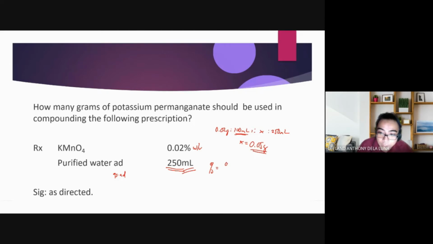So, 0.05 grams divided by 250 ml times 100. Tingnan natin kung 0.02 to. Divided by 250. Alright? 0.02. Okay. So, that would give me 0.02%, which is yung hinahanap natin. Okay, make sense? Very good.